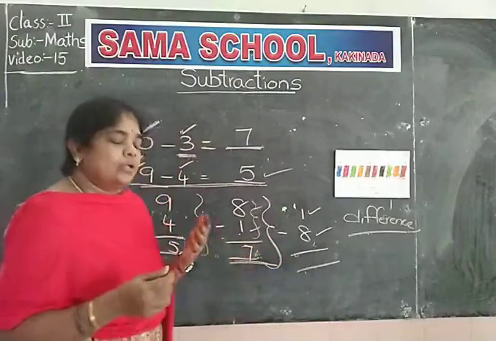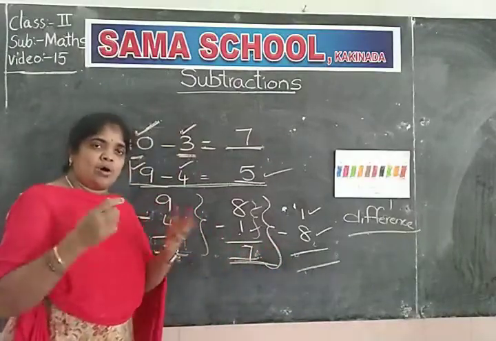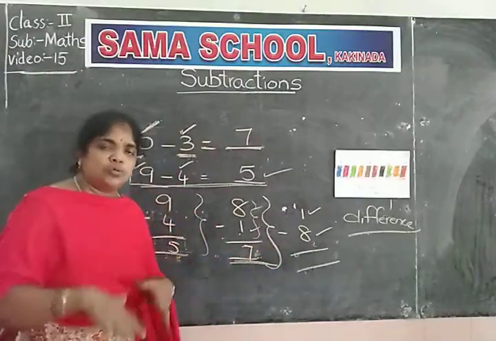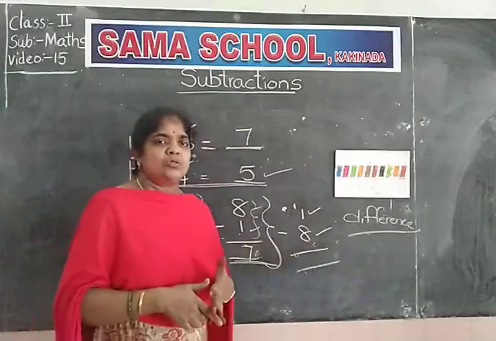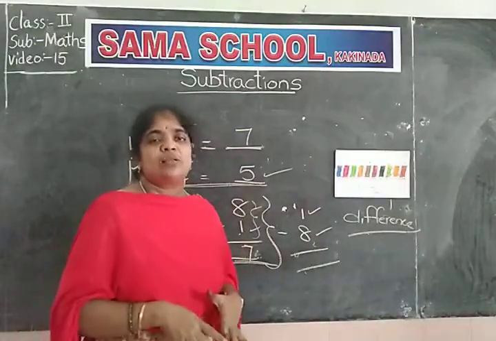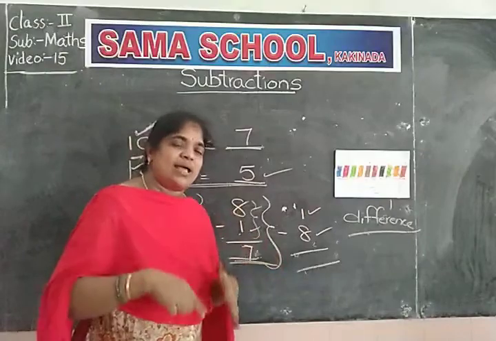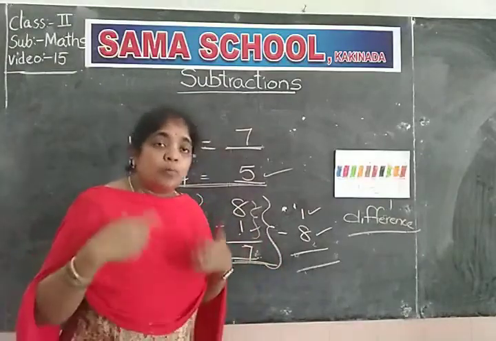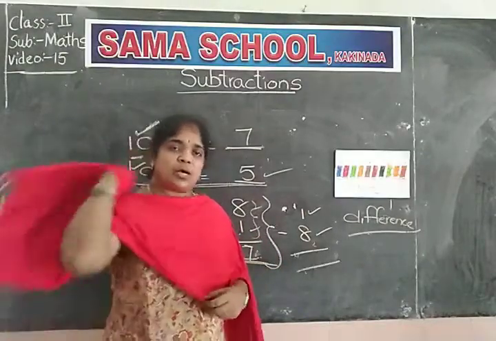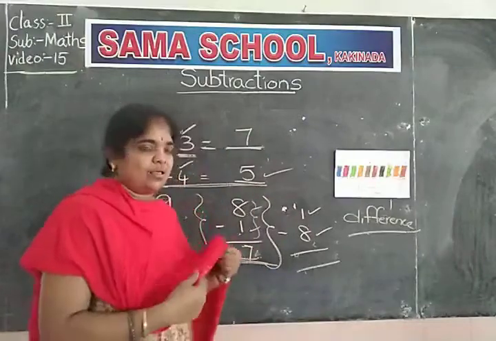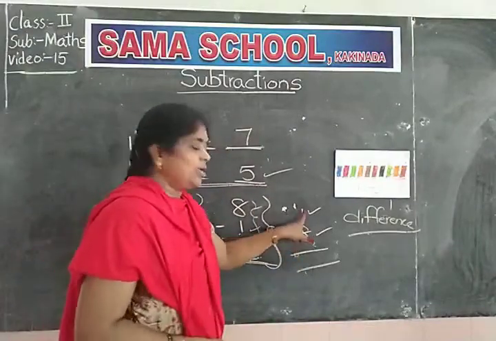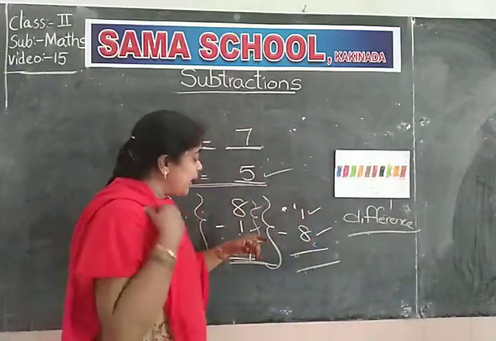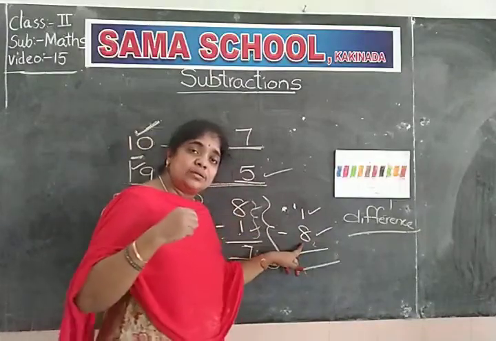Subtraction is nothing but taking away or giving something or using. What we are having, that we can use. How many we are having, that number we can give. More than that we cannot give to others or we cannot take away. Here also it is like that only.